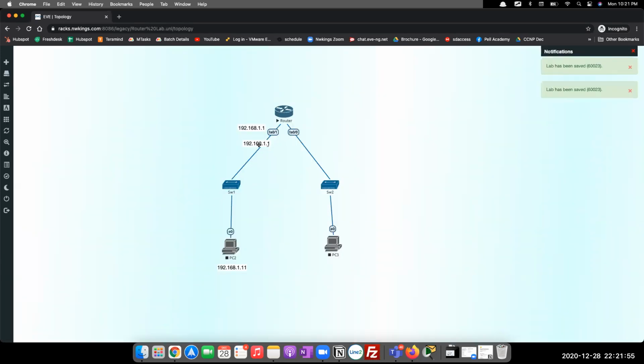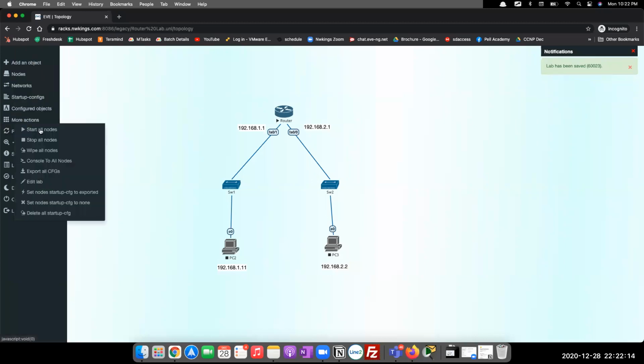On the other side of the router, I'm going to use 192.168.2.1, and here I'm going to have another IP, that is 192.168.2.2.